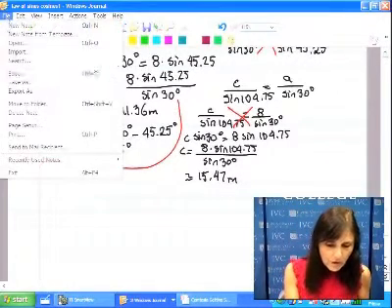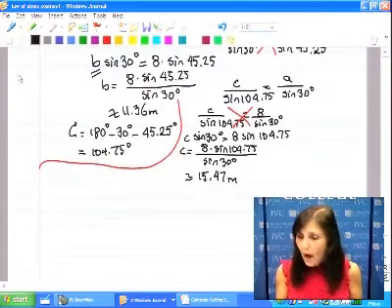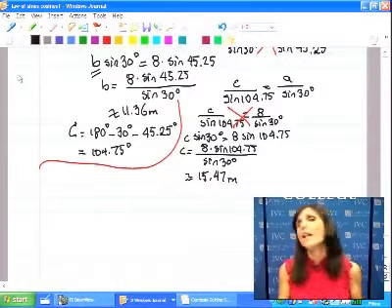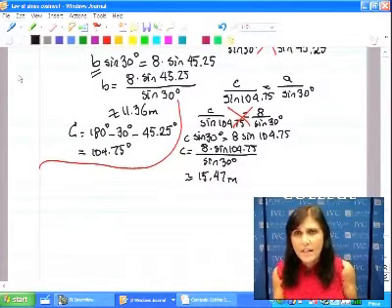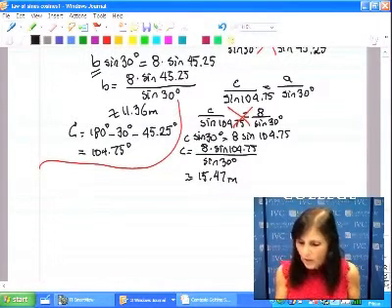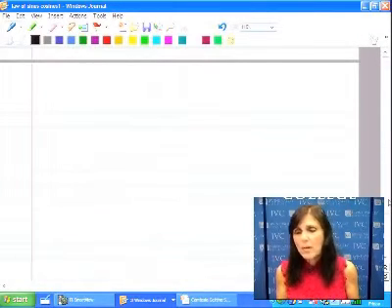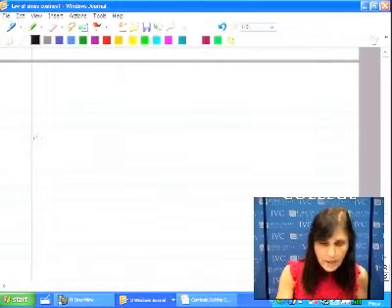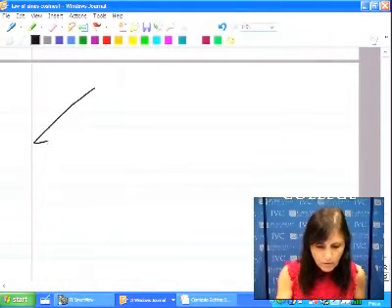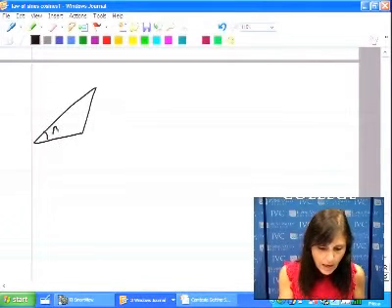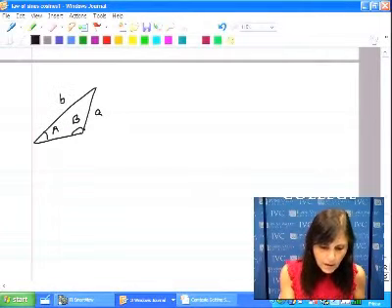Now, let me save this just in case. I will go and show you the law of cosines, and you will end up using law of cosines in certain situations. I'll go in depth for that a little later on, but let me write the law of cosines first. Let's draw a random triangle. Let's label A with the little a, B with the little b, and C with the little c.